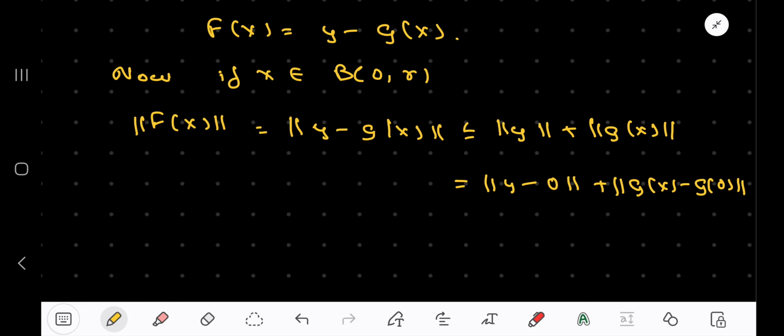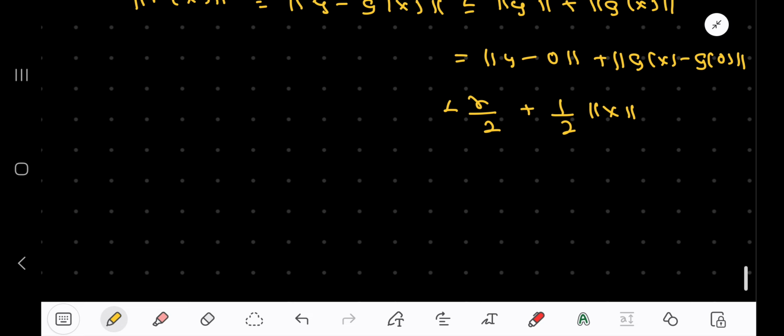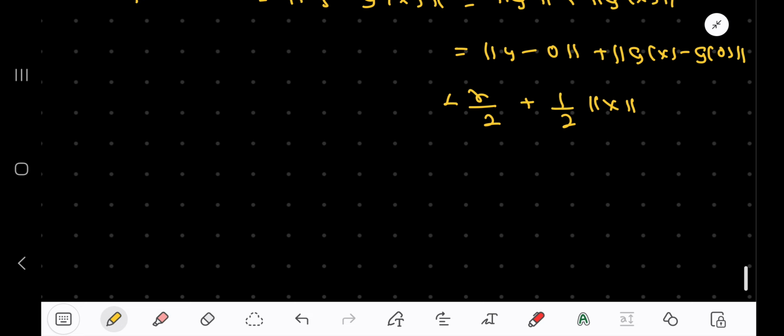So we have used the fact that g maps origin to origin, but then this should be less than R/2, right, because y comes from the ball around origin of radius R/2, and this is plus half times the norm of x, right. But then again, x comes from the ball around origin of radius R, so the norm of x must be less than R. So this is equal to R/2 plus R/2, which is just R, right.